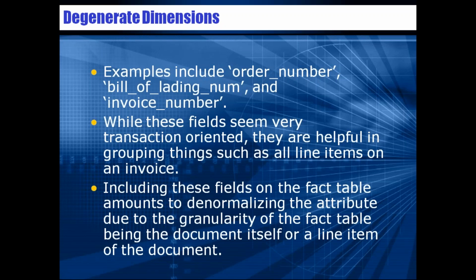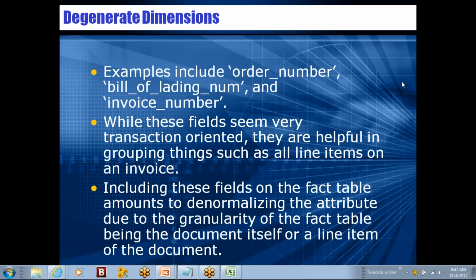They are placed in facts, but they are not actual facts. Including these fields on the fact tables amounts to denormalizing the attribute due to the granularity of the fact tables, being the document itself or a line item of the document.